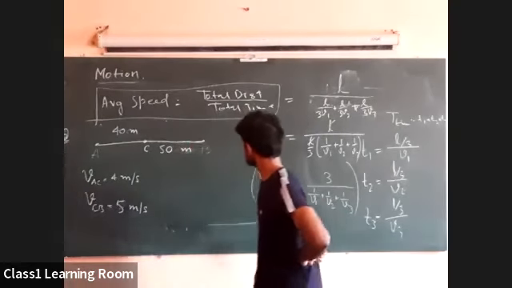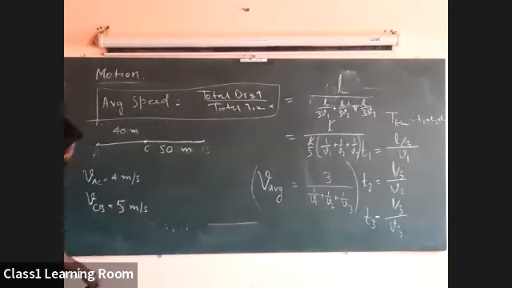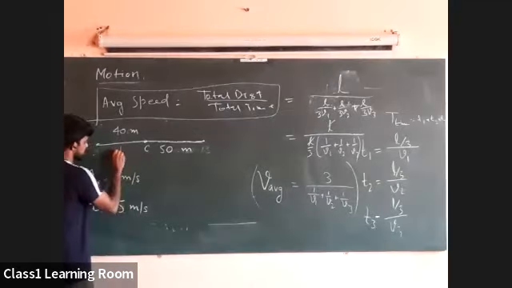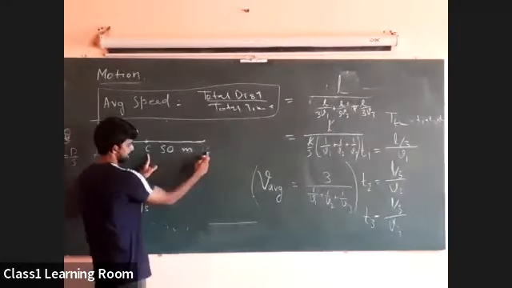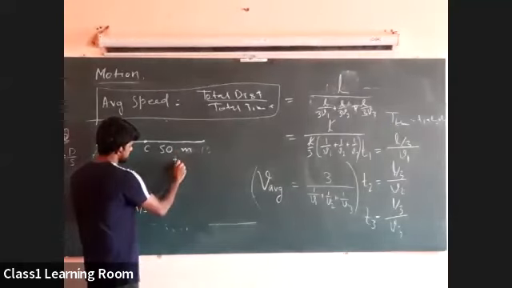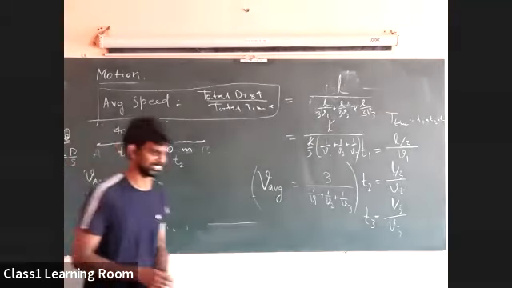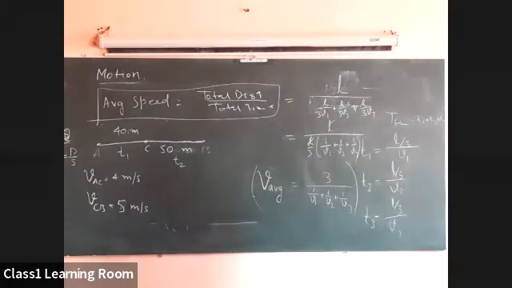Use the same concept. You know how to find time: distance by speed. Find the time taken to travel from this point to this point. That will be your T1. Find the time taken to travel from C to B. That will be T2. 45 meter per second. Okay. Different answers we are getting. You got 20 seconds. You got average speed in seconds.